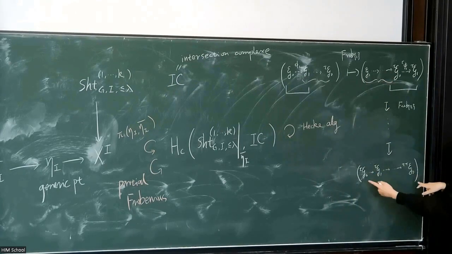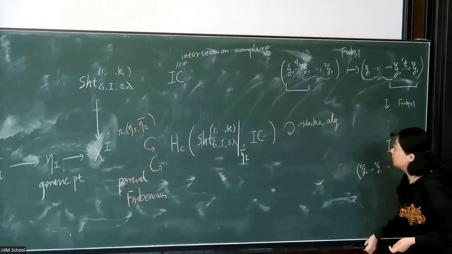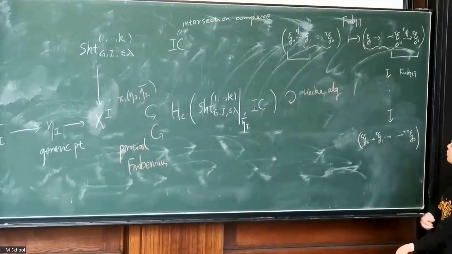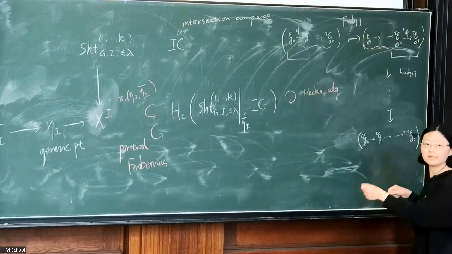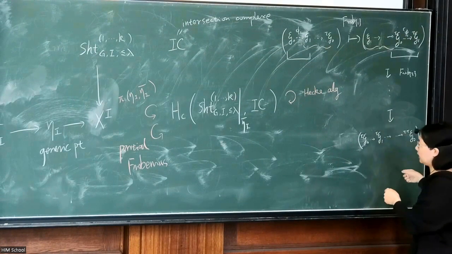At the end, you get Frobenius of the total space. Usually we can't write Frobenius of the total space as some product, but here you can.